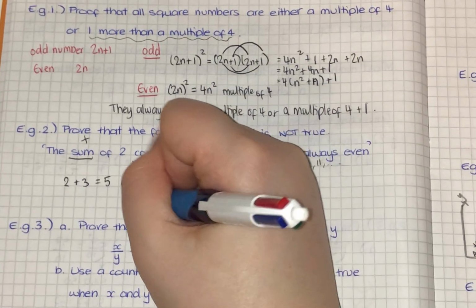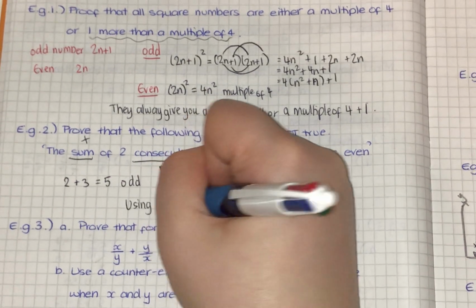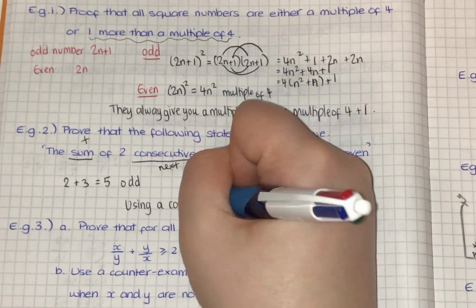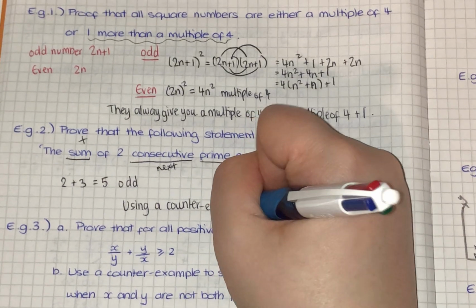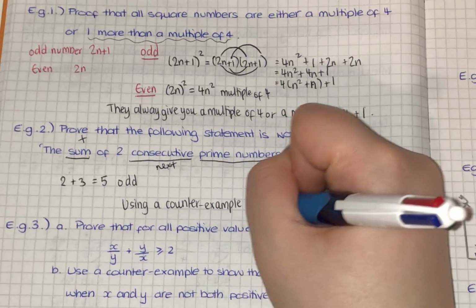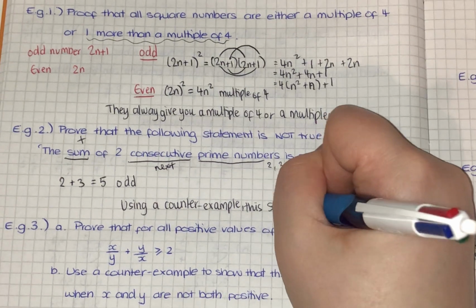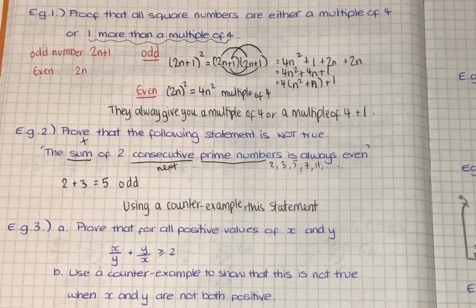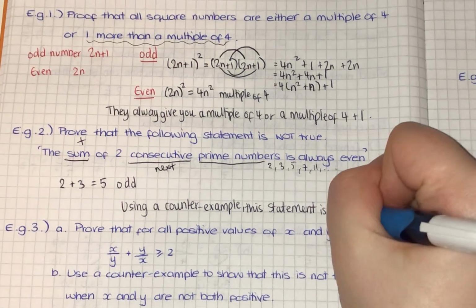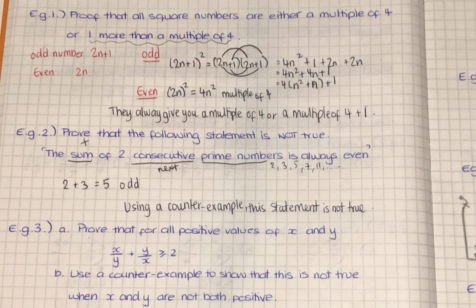So then we'd say, using a counter example, this statement is not true. Okay, and that's all you need to do.